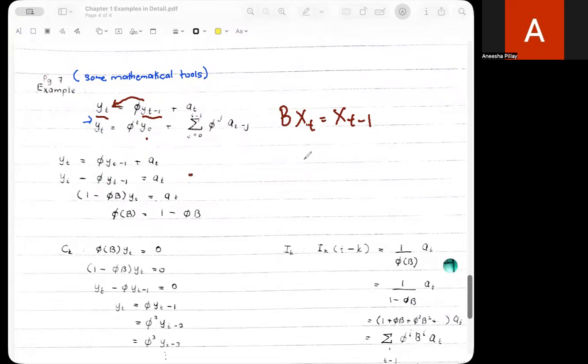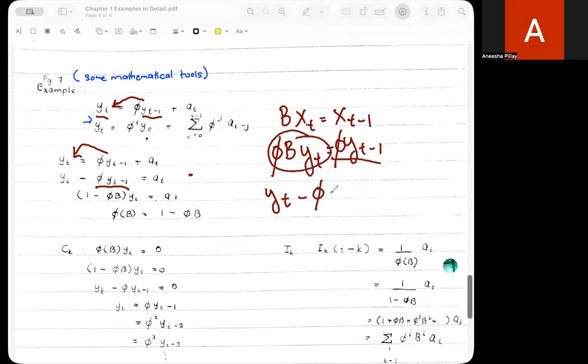Now, if you have yt minus 1, then this one will also be B yt. Since you have a phi here, now here will also be a phi. After you move it to the other side, yt minus phi B yt equal to at.